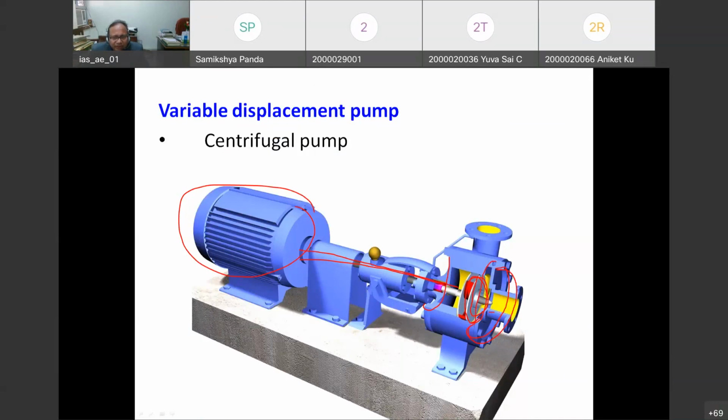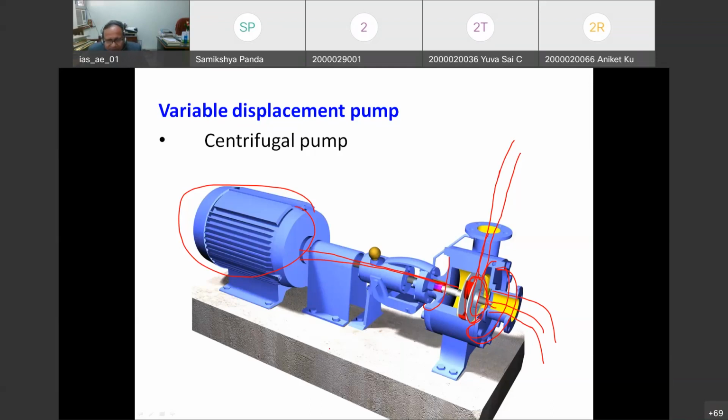This casing is connected to the suction line, and water enters in the eye of the impeller, then it rotates and comes out through the delivery line. This is the delivery line. This is a very simple system of the centrifugal pump.